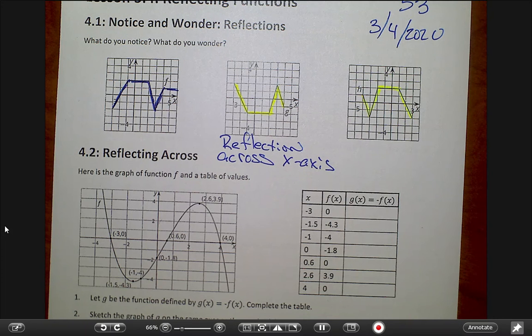What do we think this one is? It is a reflection across the y-axis. Good job.